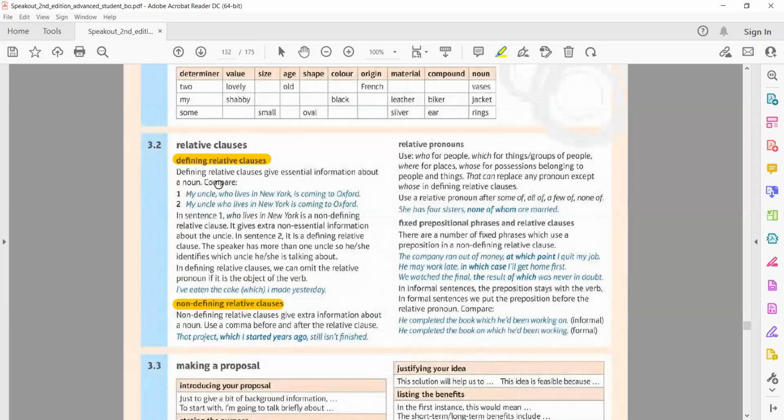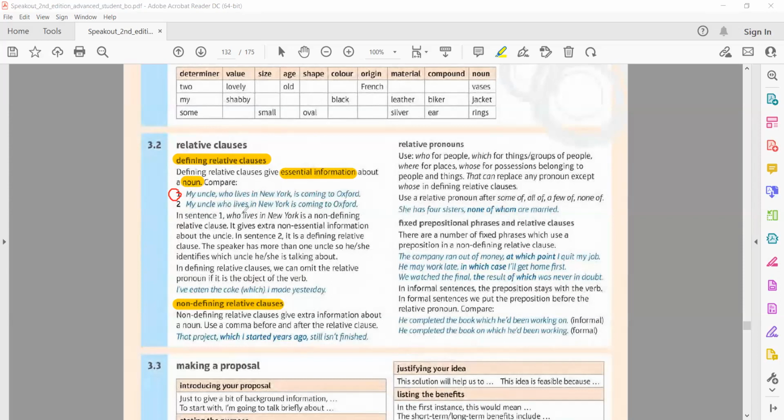Simply speaking, defining relative clauses give essential information about a noun. Let's see. Look at number 1. My uncle, who lives in New York, is coming to Oxford. My uncle who lives in New York is coming to Oxford.